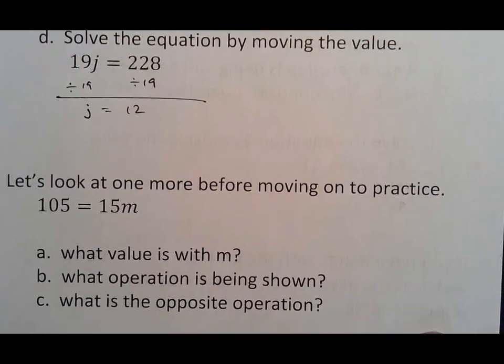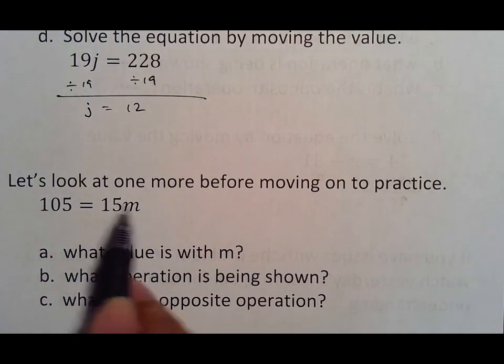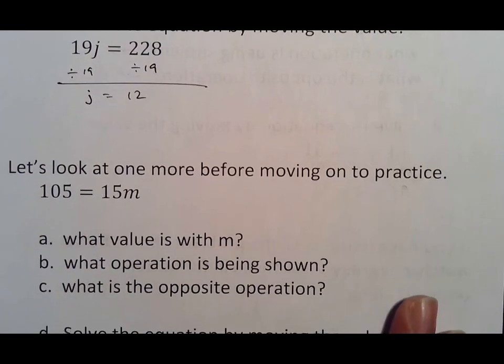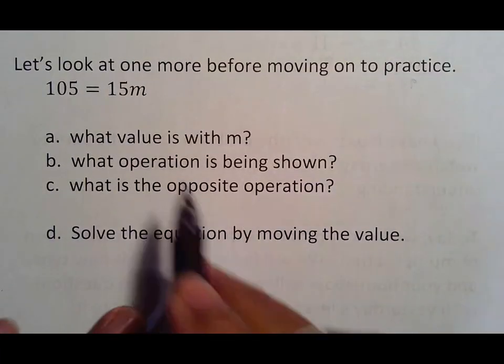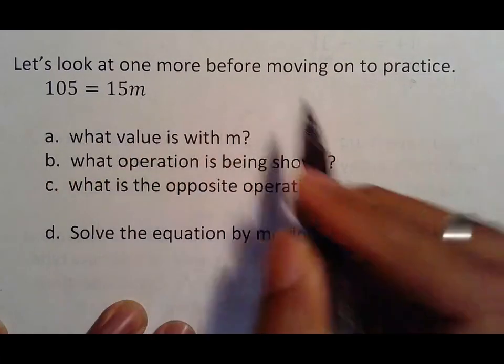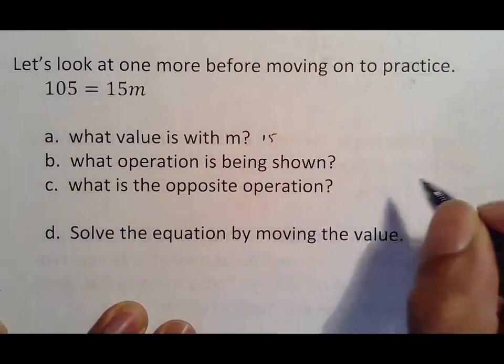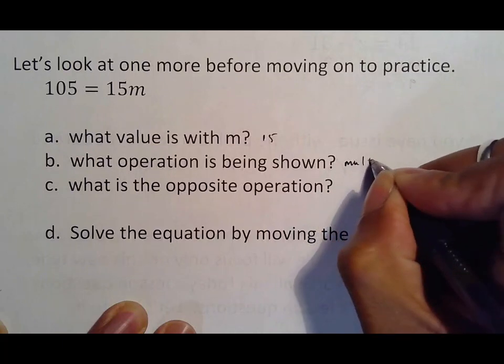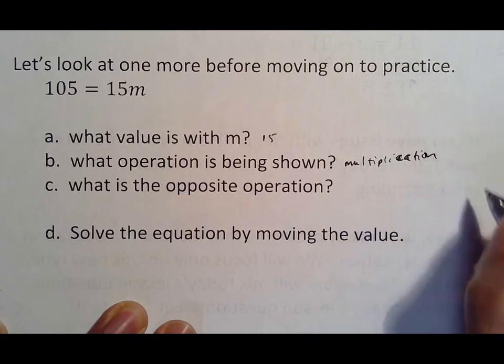Again, that is the new question for today, or one of your new questions for the day. And the other new question, if you notice, just like yesterday, moves it to the other side to make sure you can see it on both sides, because you're going to see variables on both sides of the equation. So that's part of what this practice is. What value is with m? It says 105 equals 15m. Obviously that is 15. The operation being shown when they are directly attached is multiplication.